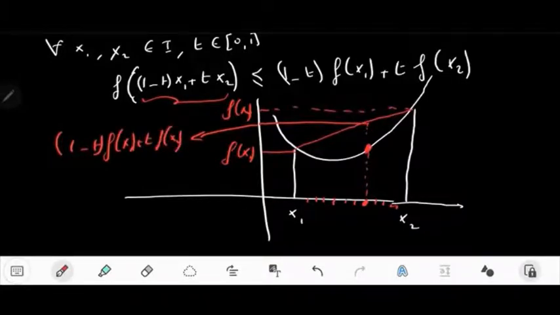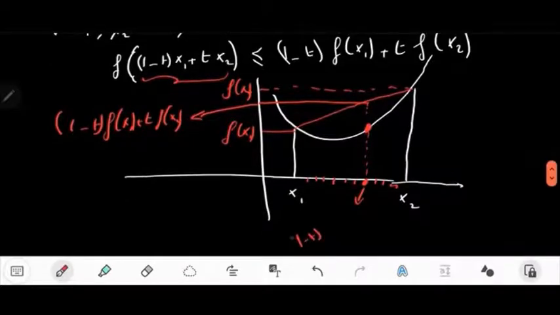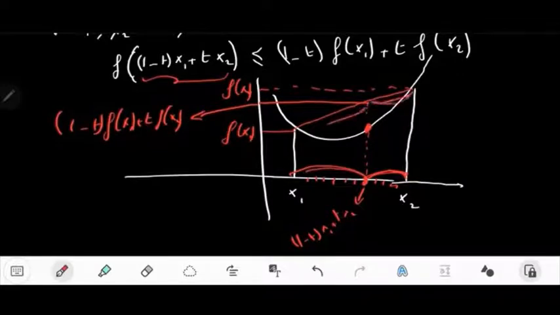Why? Because of the ratios. So I mean, if this is the point that is (1 minus t)x1 plus t x2, so t is defining the ratio between this part and this part, let's say, and according to Thales theorem, we have this divided by this equals to this part divided by this part, which is equal as well to this part divided by this part.